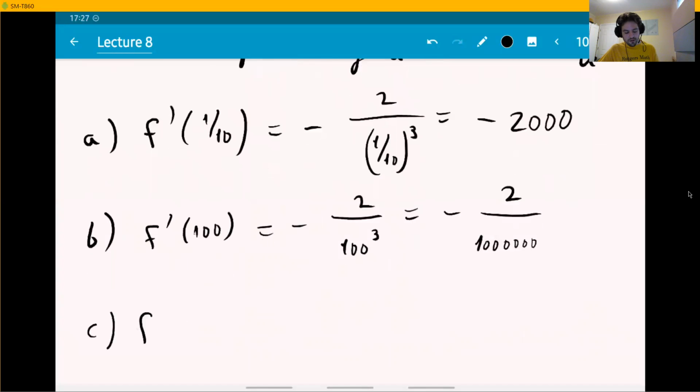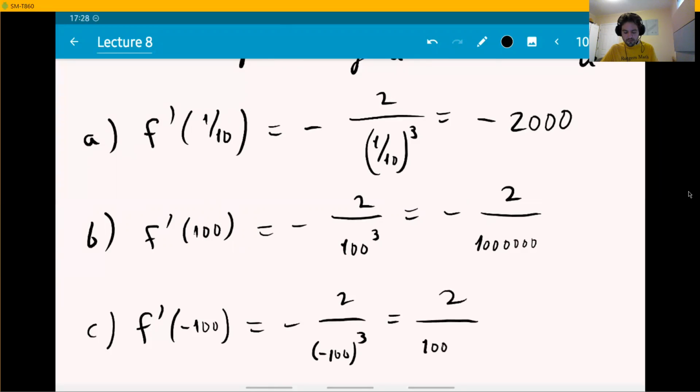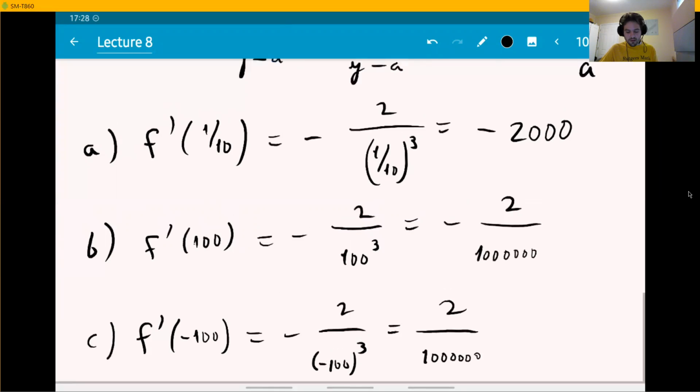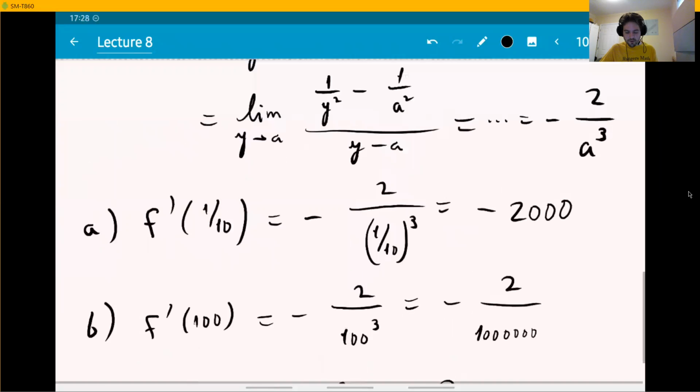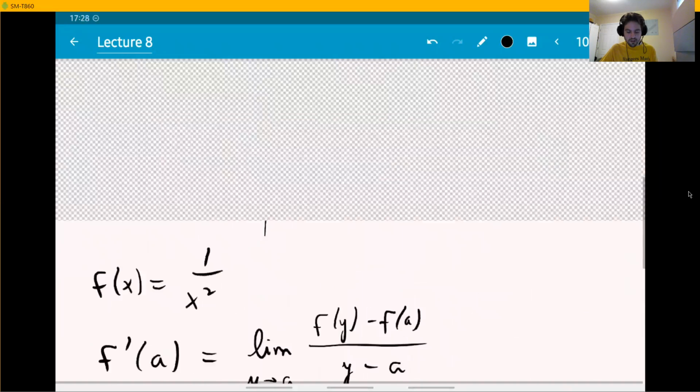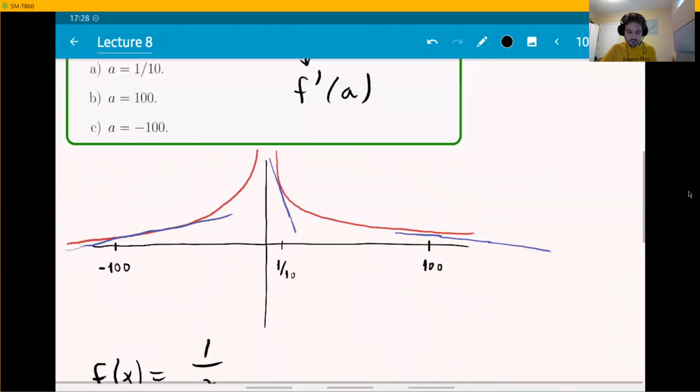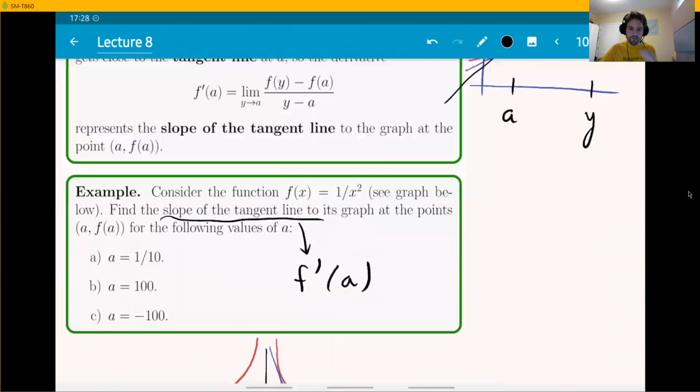And f prime of minus 100 will be positive this time, because minus 100 cubed is negative, and then with another negative in front becomes positive. Those are the answers to this problem. So again, it just asked us for slope of the tangent line, but that's a disguised way of asking what is f prime of a.